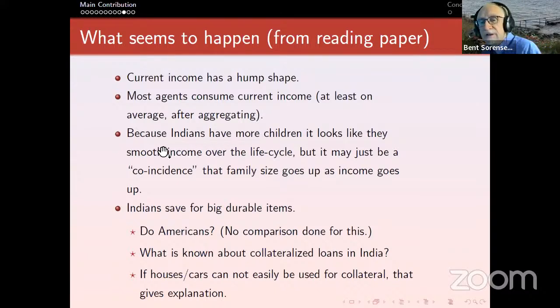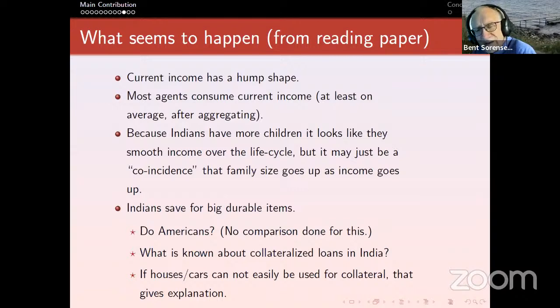And then you see this much smoother Indian life cycle profile just because people have a hump-shaped income profile which is inherited by consumption, and then they have more children. So when you divide by these equivalence scales, it smooths it out in India much more than in America, because Americans have fewer children.